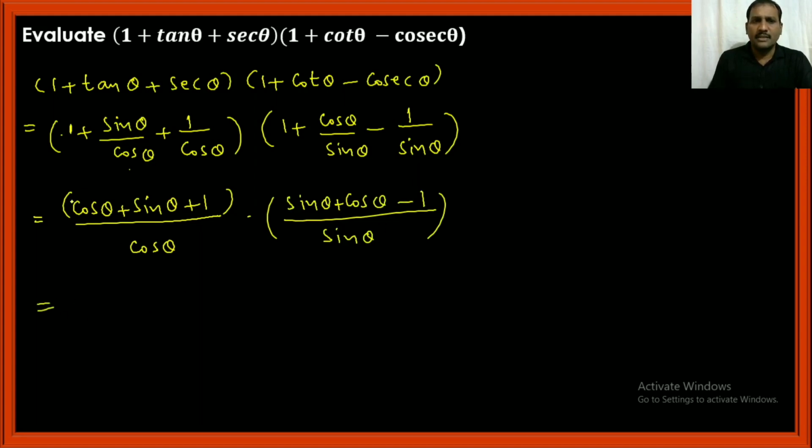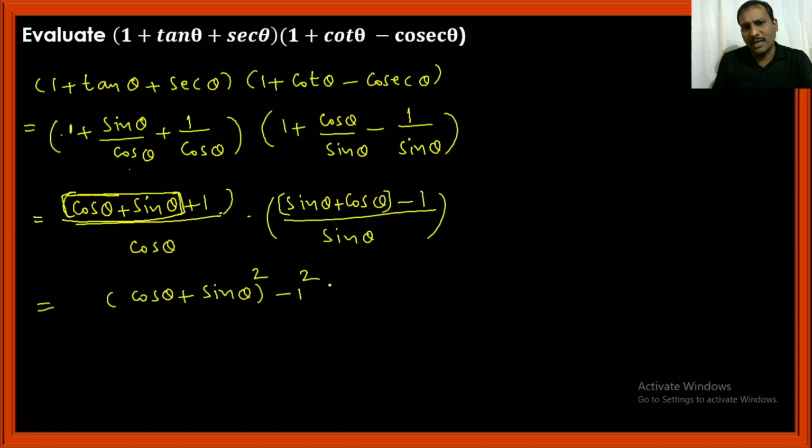If you observe, this cos theta plus sin theta you assume as one term, and here also you have cos theta plus sin theta. Now the numerator will become a plus b into a minus b, and a plus b into a minus b will become a square minus b square. So that is cos theta plus sin theta whole square minus 1 square by cos theta sin theta.